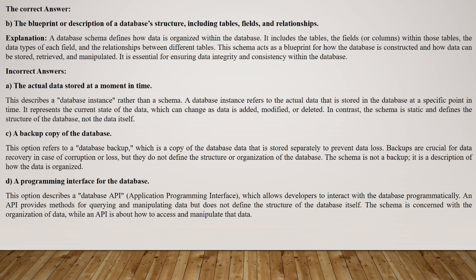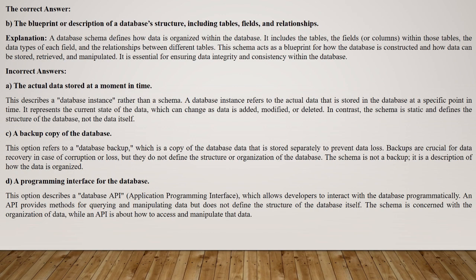C, a backup copy of the database. This option refers to a database backup. A schema is not a backup. The backup is a copy of the database data that is stored separately to prevent data loss.